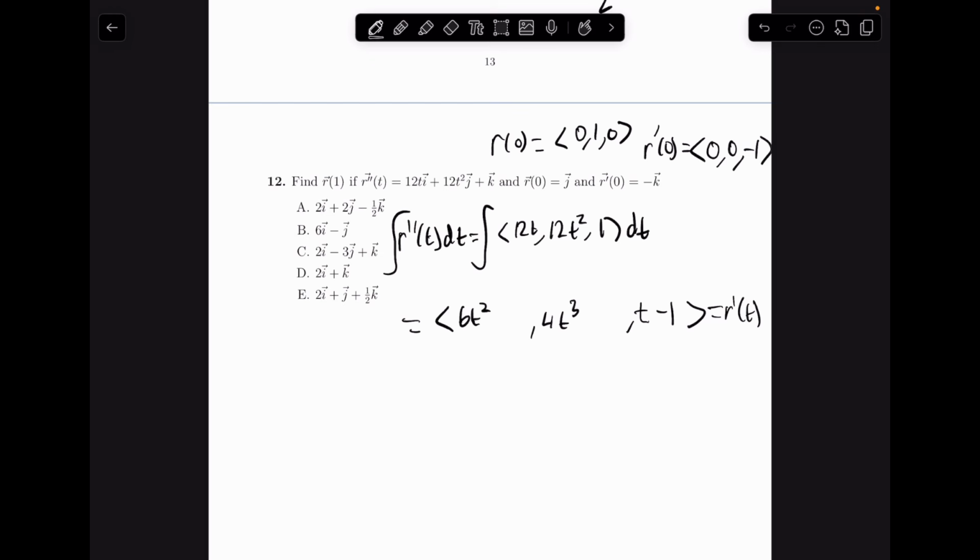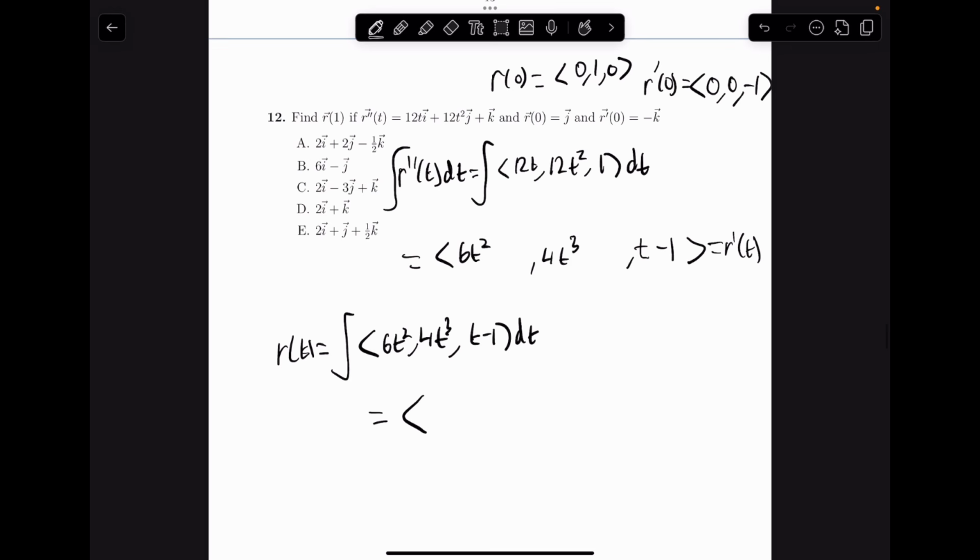And again, we can integrate our R prime of t to find R of t and then apply the same kind of principle. Okay, let's do that. So R of t is going to be the integral of 6t squared, 4t cubed, and t minus 1 dt.